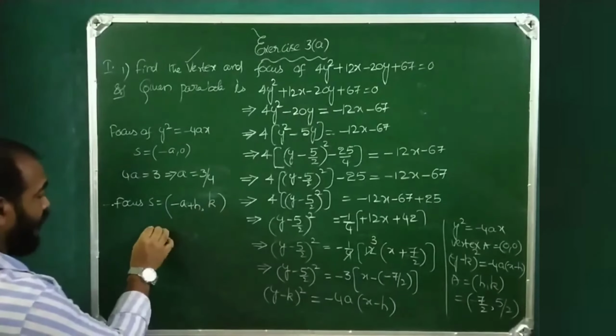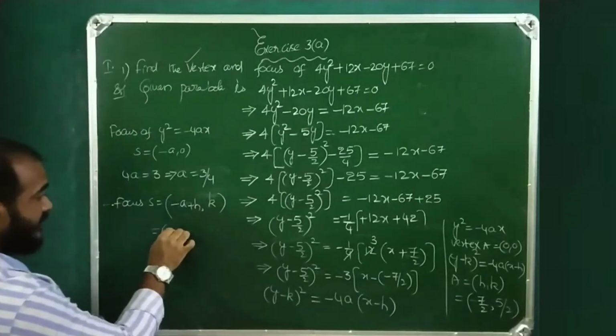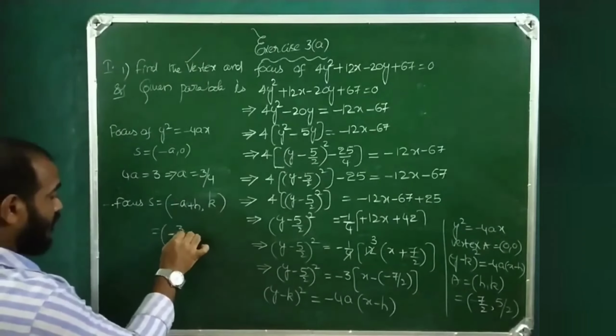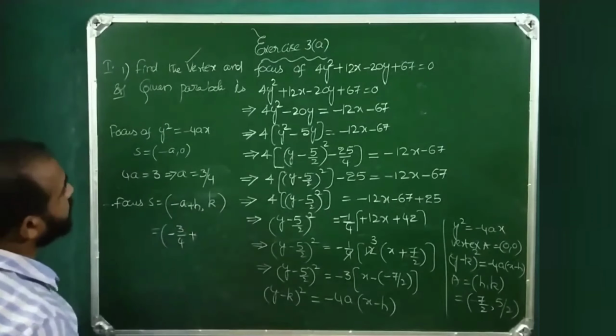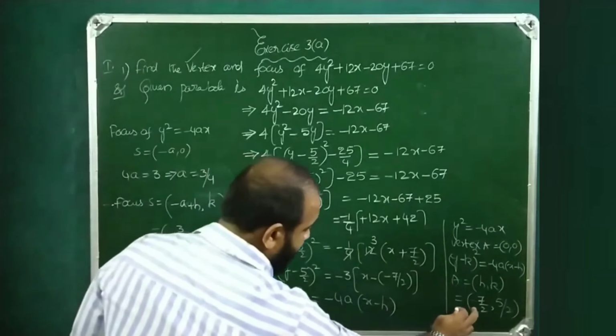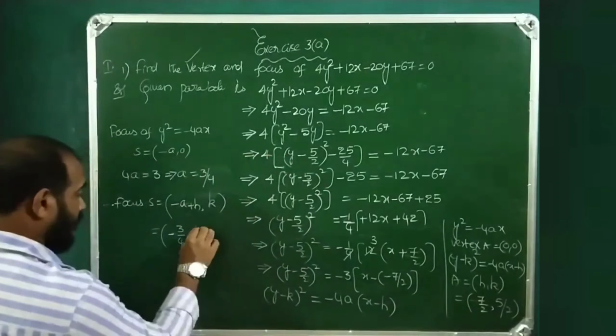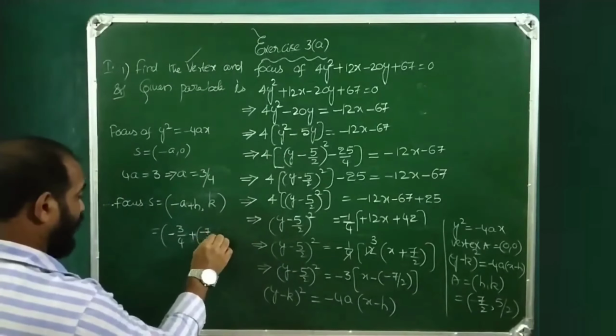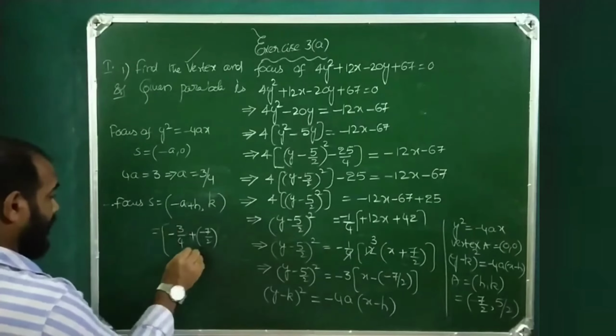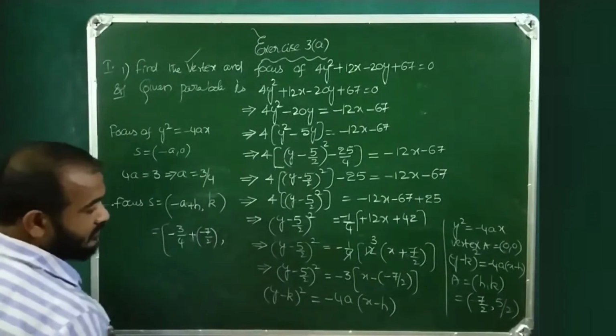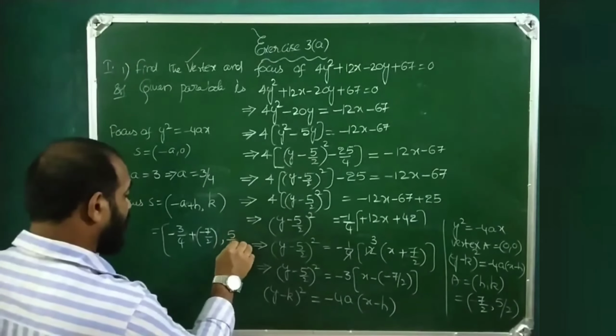This is what we need to find. So minus a is minus 3 by 4, h value is minus 7 by 2, and k value is 5 by 2.